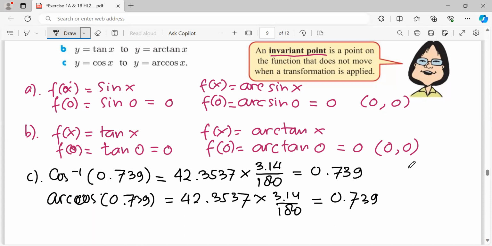So the coordinate point is 0.739, comma 0.739.